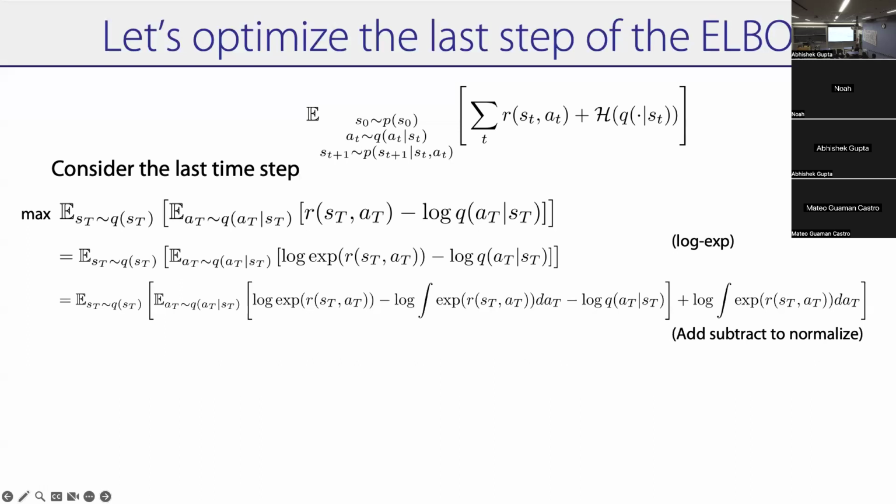Right? And just to preview, we're going to end up with Q proportional to X R. But we're going to derive that just by trying to make it into a KL divergence. Okay, so what I did is I converted into log X and then I subtracted log integral x, and I added log integral x, right?